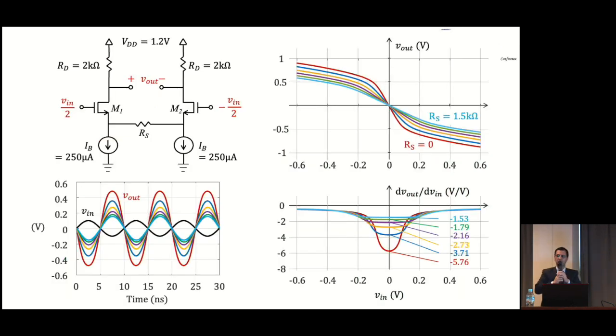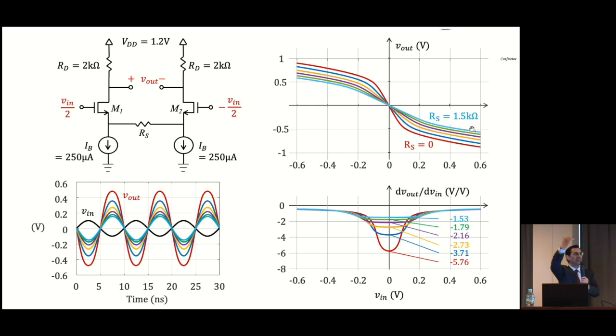Now, just to implement this, again, I'm not going to go through the details of how this transistor level circuit does the exact feedback that I explained before, but the concept is that this RS, which is called source degeneration, is providing that feedback for us. And the larger RS, the larger amount of feedback, beta is increased. So you can see the transfer curve here from red when you had no feedback, that means RS equal to 0, all the way to a very large RS, which is 1.5 kilo ohm.